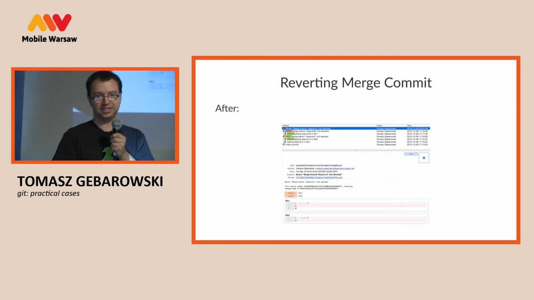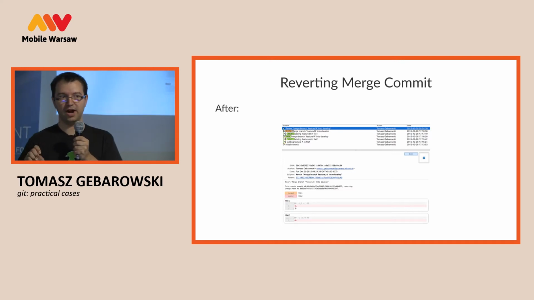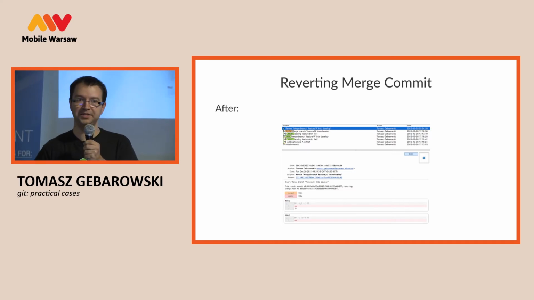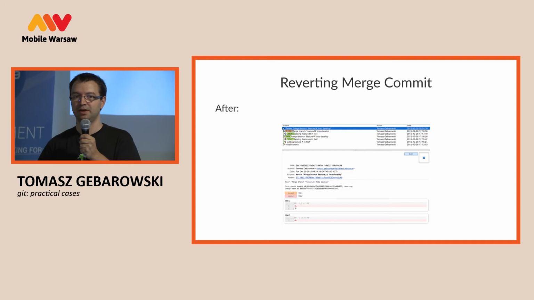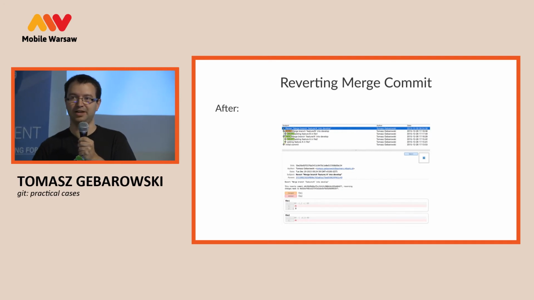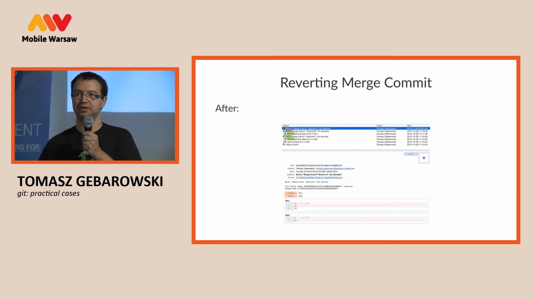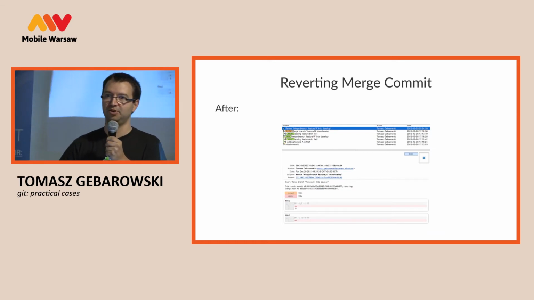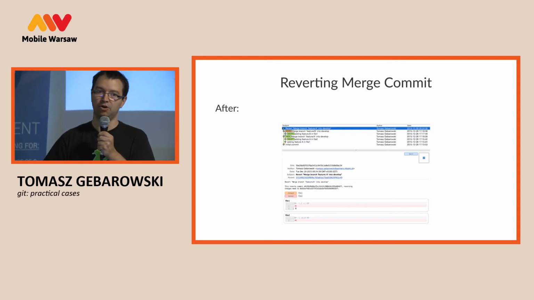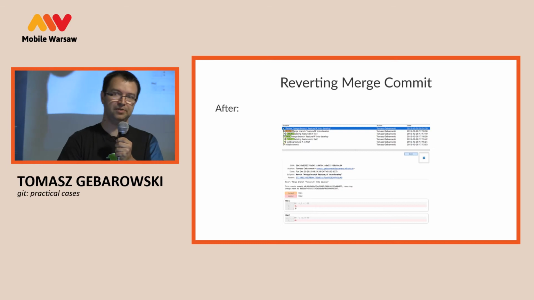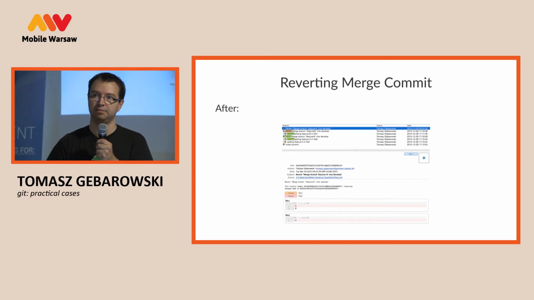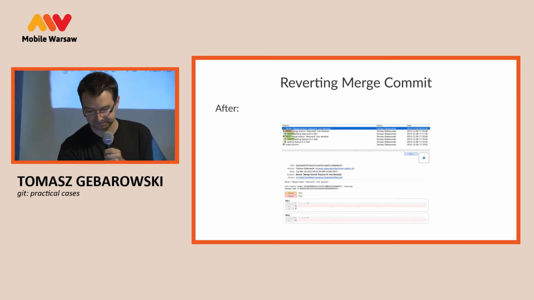So it's just a single commit, but it's quite interesting to know that later, when you want to merge this change once again, it won't be accepted because Git treats this change as already merged. So you have to rebase your merge commit or change the history in order to merge it once again. So after reverting, you can't directly merge the same branch.